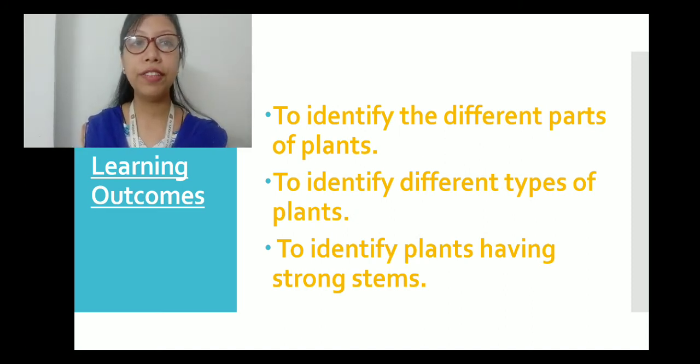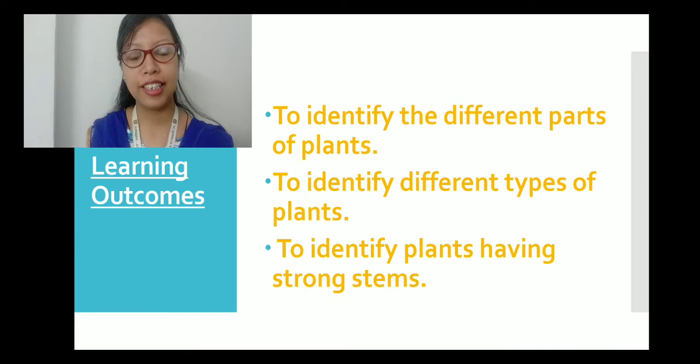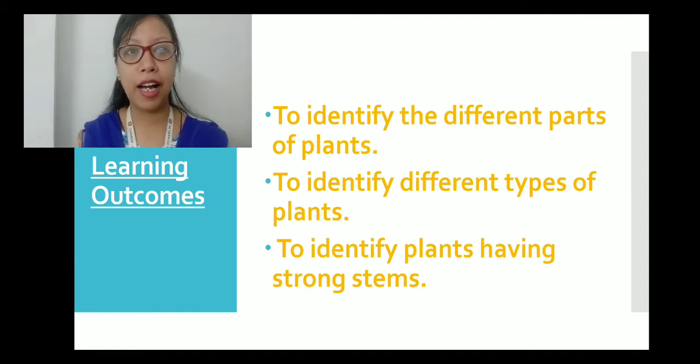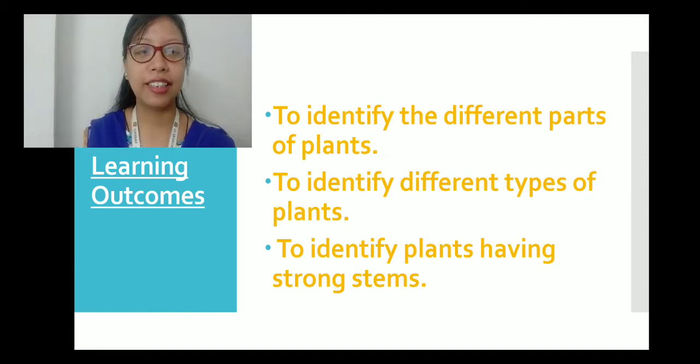Then, to identify different types of plants, there are different kinds of plants around us. After completion and discussion, you will be able to identify which type of plants you are looking at. Then the third learning outcome is to identify plants having strong stems. So these are the three outcomes that you will be getting.